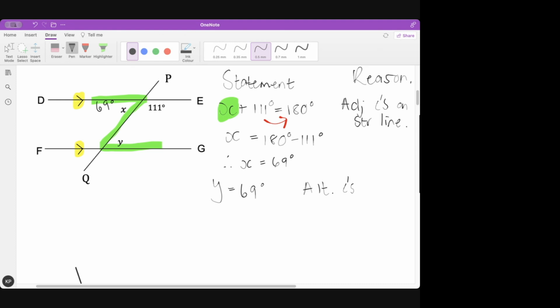What do you guys have to say in the chat? Butlali says no. What's missing, Butlali? What do you think is missing in this? We answered both questions. We found X, we found Y. So what is it that is missing? And Logan also says no, you're not going to get your full marks. Oh, never mind.